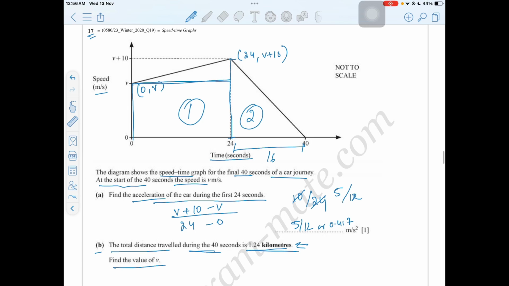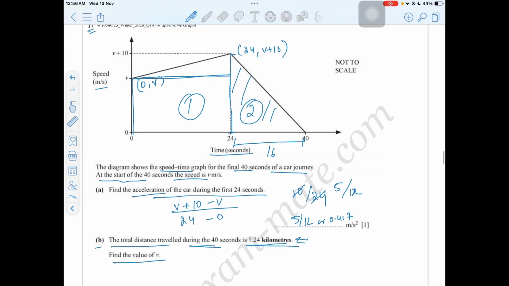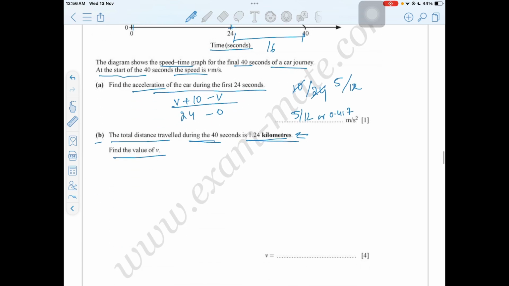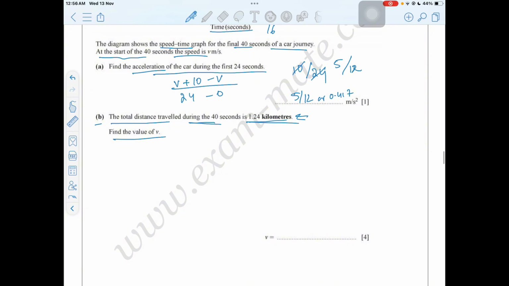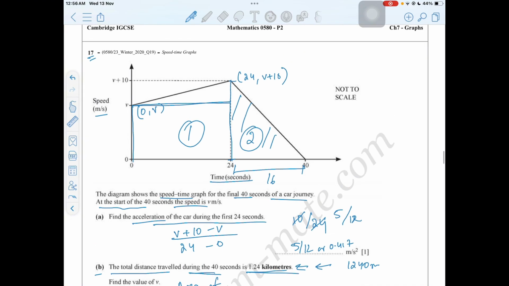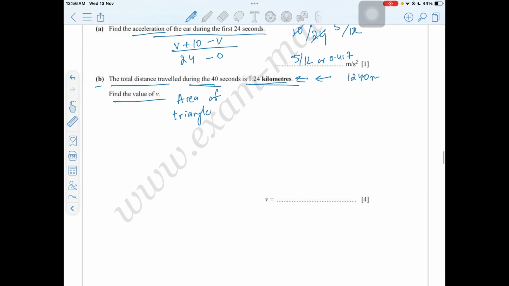So we need to calculate the total area. So that would be area of trapezium and area of triangle. 1.24 kilometers is basically 1240 meters. This would remain the same, right? So this would be area of triangle and area of trapezium.